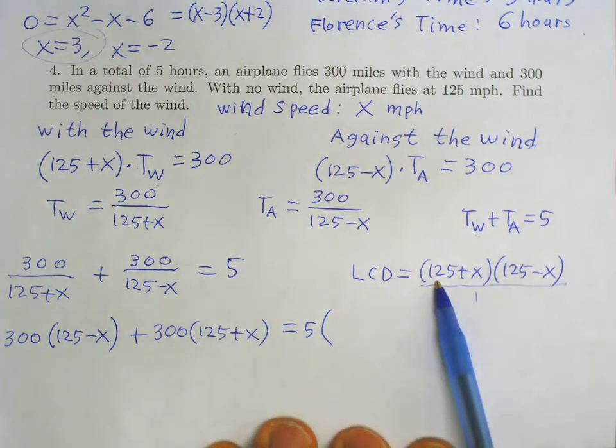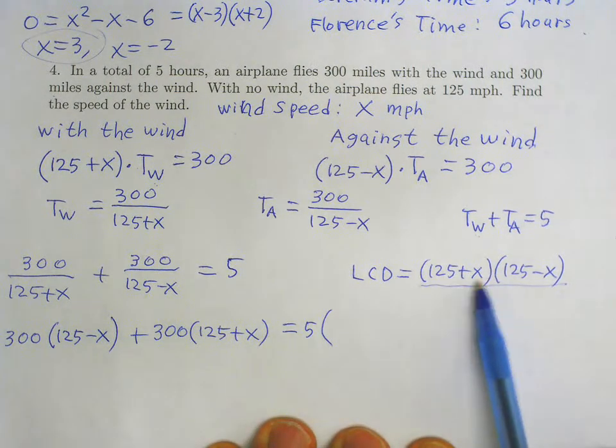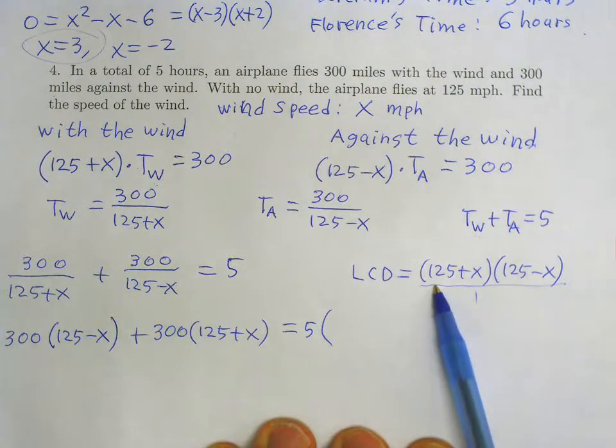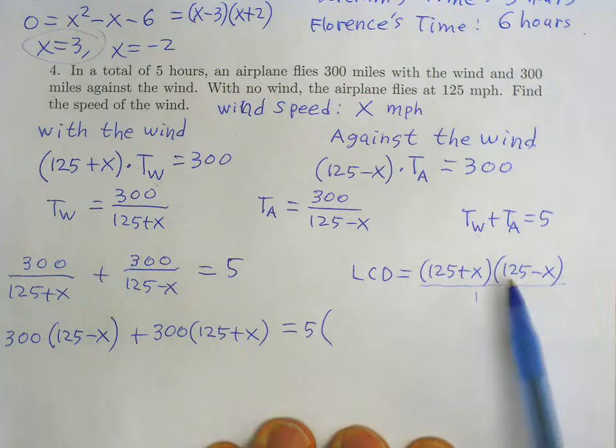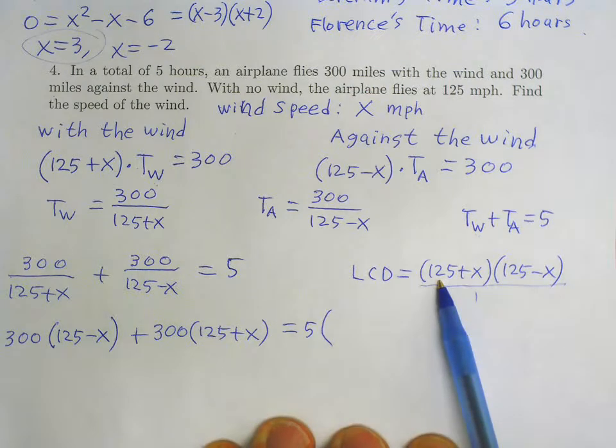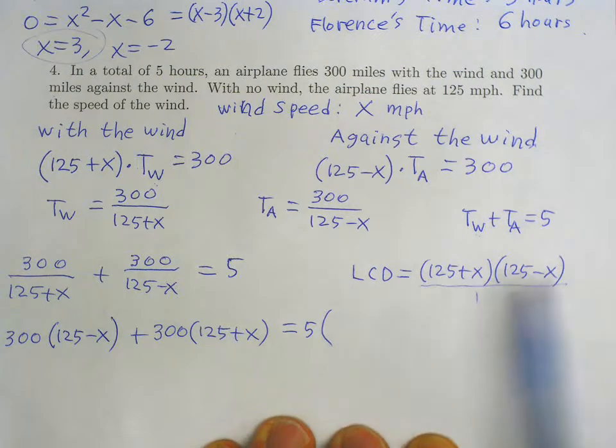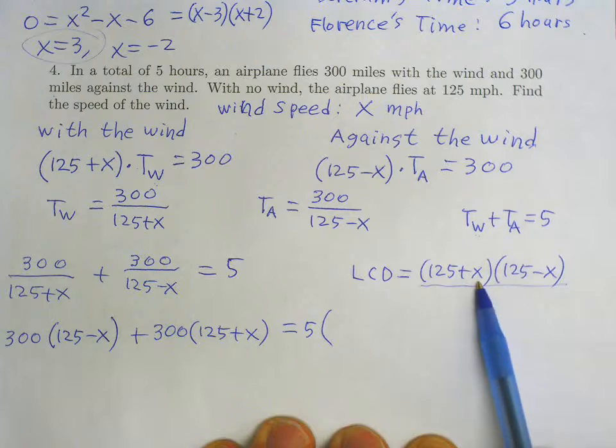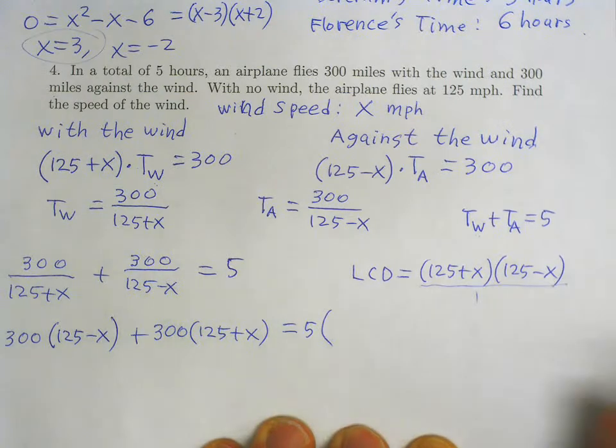Okay, so I'm going to go ahead and note what the product of this is. So follow this. 125 times 125 is just 125 squared, and then minus 125x, and then plus 125x. Those cancel each other out, and then the other term is minus x squared.